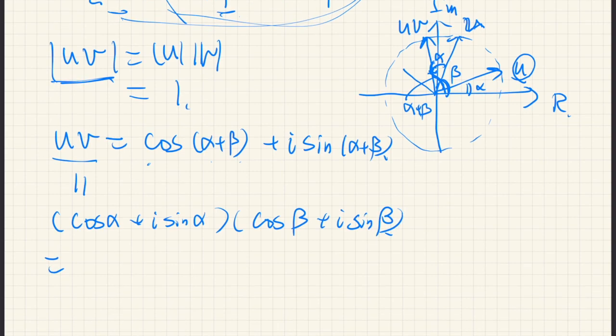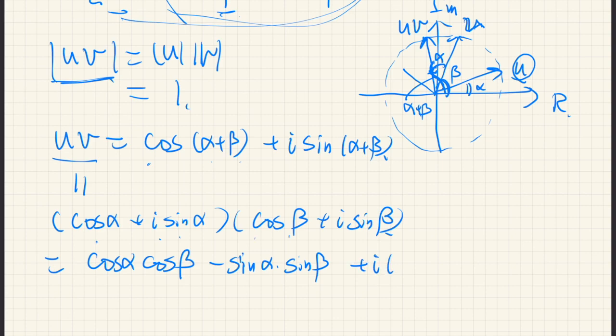So that is cosine alpha cosine beta minus sine alpha times sine beta. So this is the real part. And the imaginary part will be sine alpha cosine beta and cosine alpha sine beta.